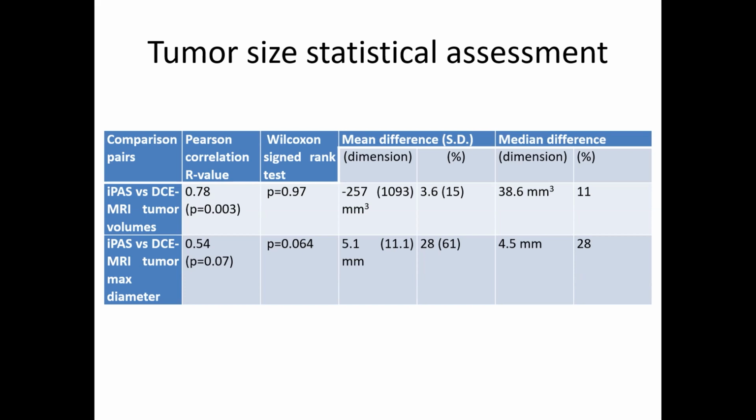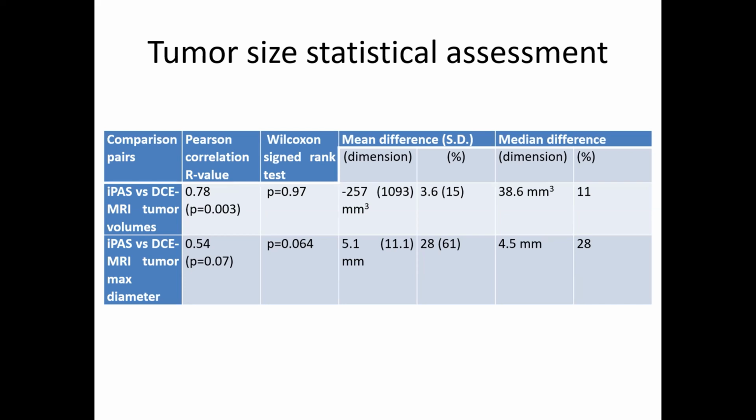We found that with the iPAS scan of volumes, we only overestimated the volumes by 3.6% with a standard deviation of 15%. So a fairly large standard deviation still compared to the error.